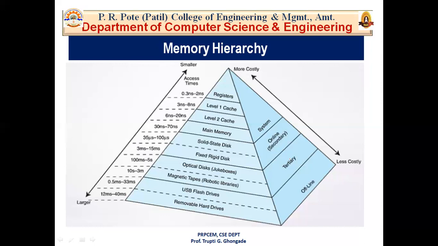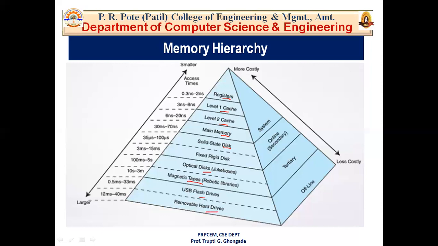Here you can see the register, which is the topmost memory. Then level 1 cache memory, level 2 cache memory, main memory. Then disks, optical disks and magnetic tapes, and USB flash drives and removable hard drives.